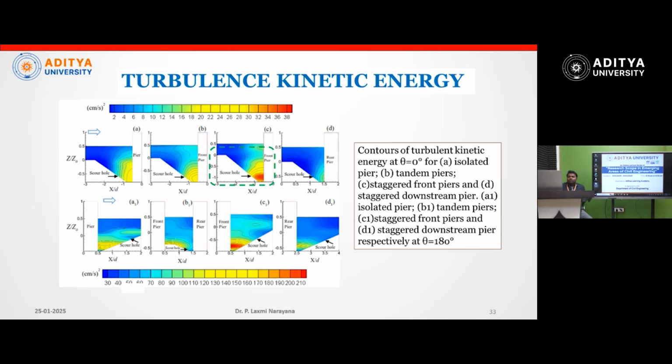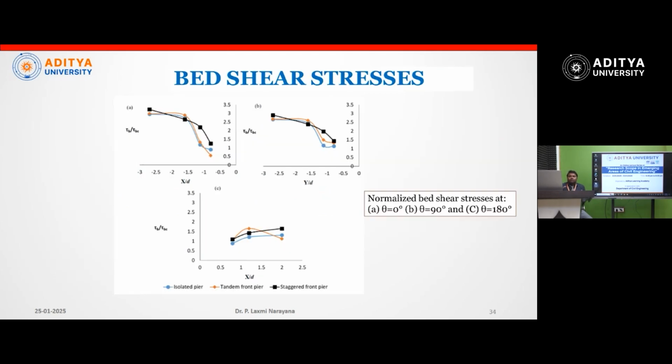Now again, the bed shear stresses. Bed shear stress is a simple analysis. We can plot it in an Excel sheet itself. Wherever there is more bed shear stress, there is more bed erosion.